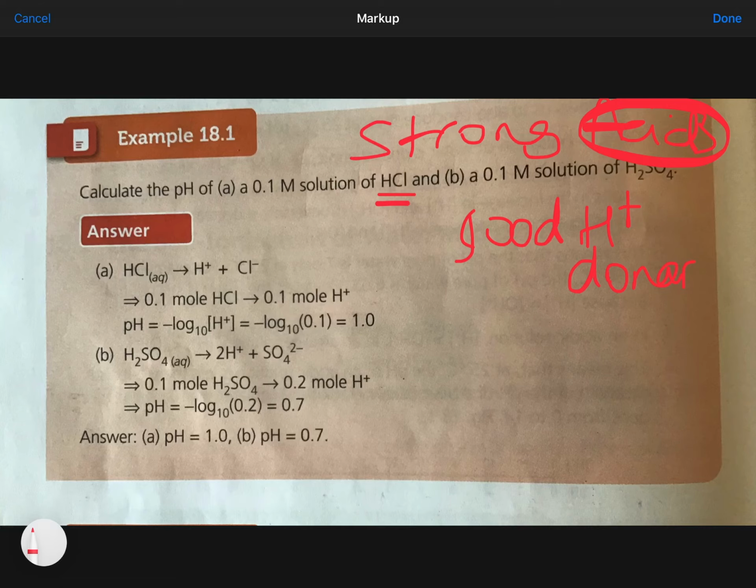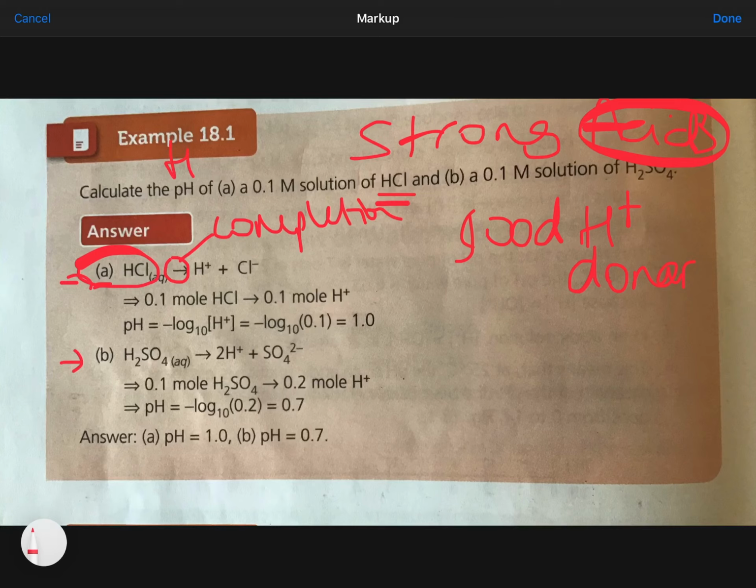Good proton donors. So remember we spoke about like 99.9% dissociation, wasn't it? And look at the arrow. The arrow means that it goes to completion, which means that 99.9% of these HCl molecules will dissociate to produce H plus and Cl minus, okay? So these are both strong acids.